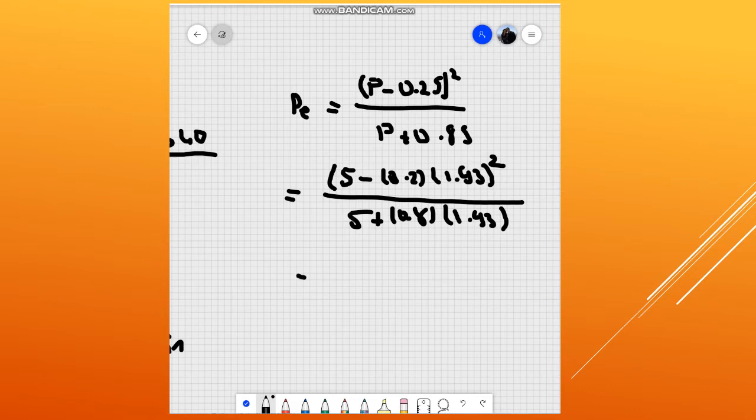After this calculation we find our direct runoff is 3.25 inch of water.